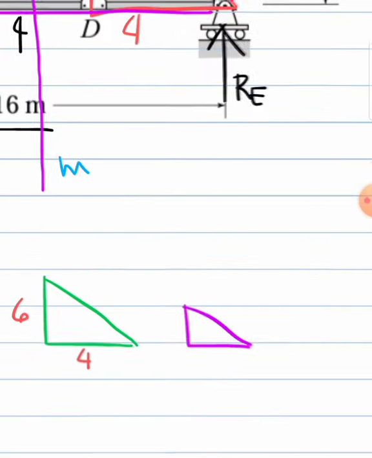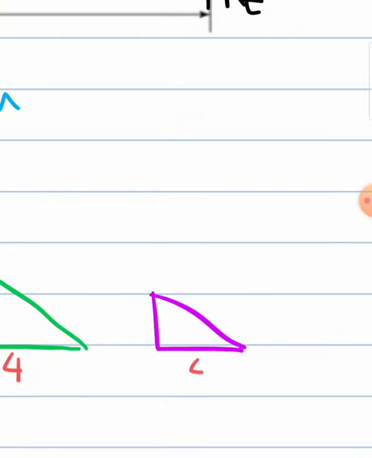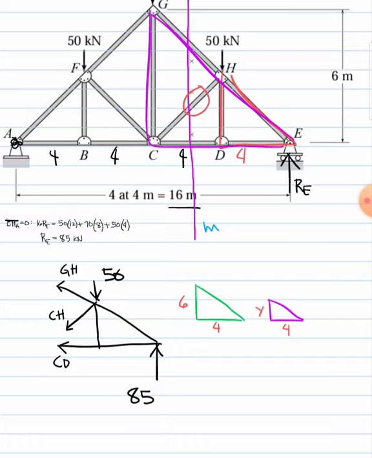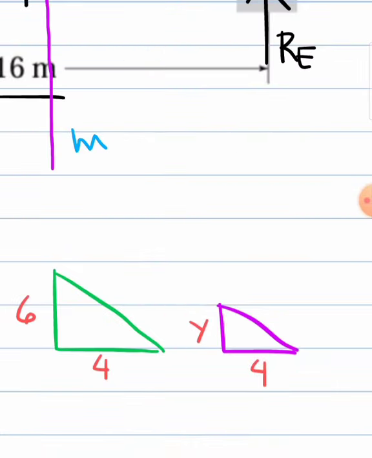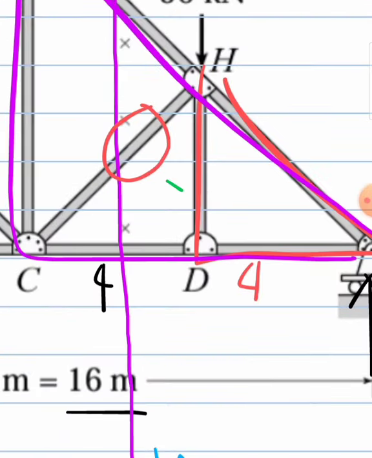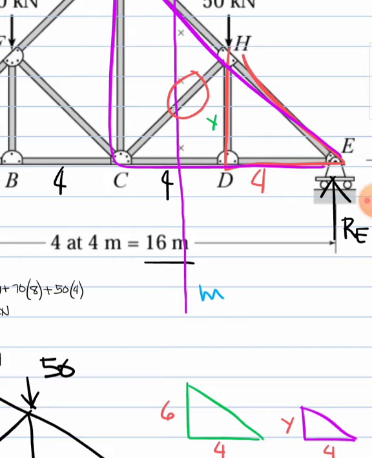We will have 4 here. Then here, this is unknown. Alright? So why are we looking for this y here? We're looking for y because if we have the y here, we can say that this is another triangle.